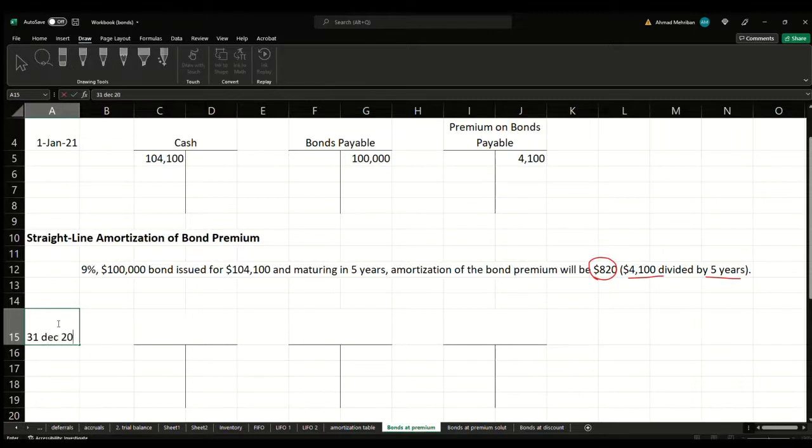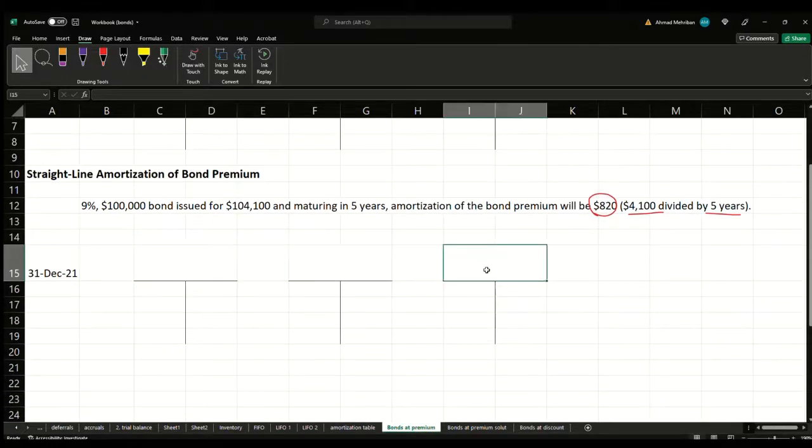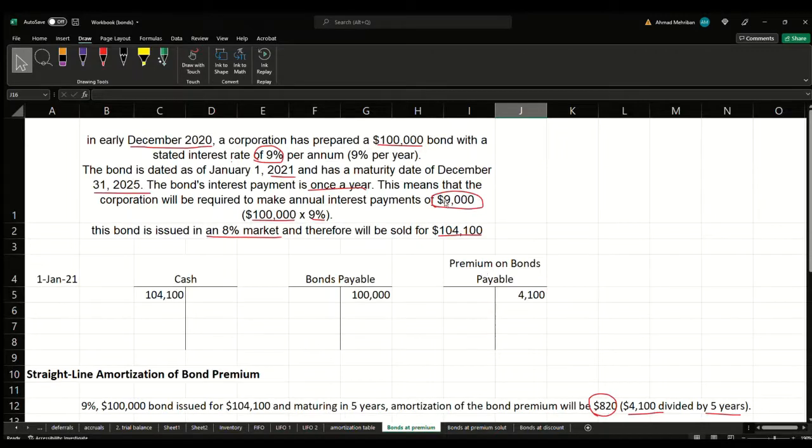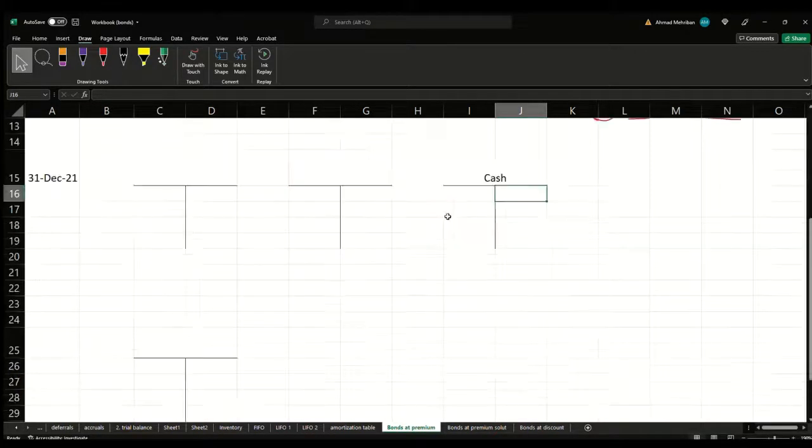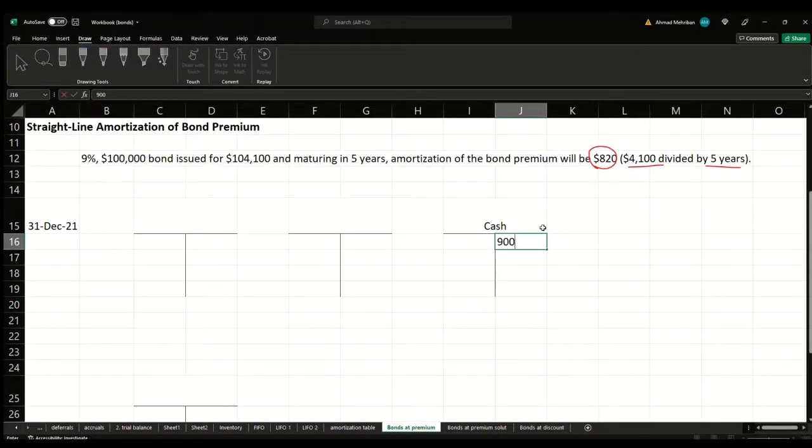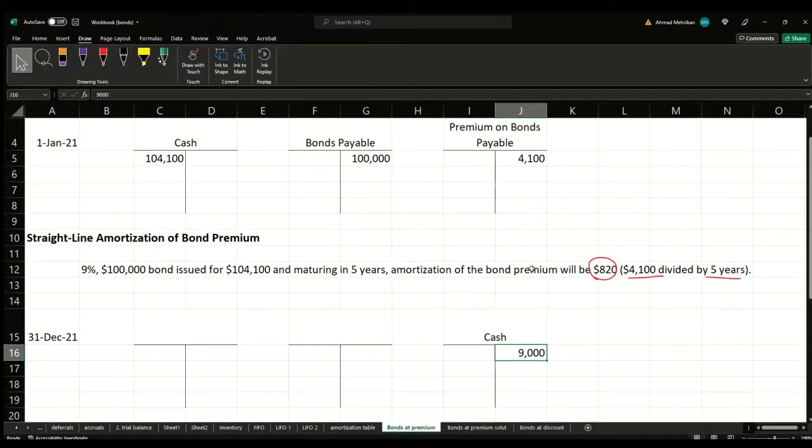December 2021, we are going to record the payment of interest, and that is involving obviously cash payment of 9,000, and that we already know. We're going to pay $9,000 of cash, which is our interest payment. We are going to also amortize our bond premium, which we already know.